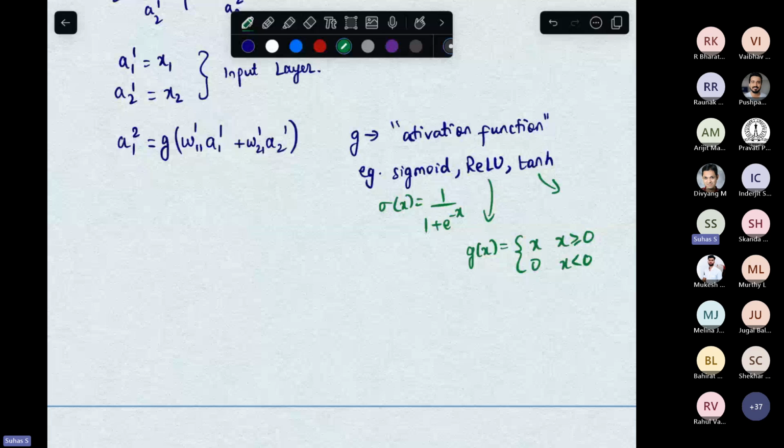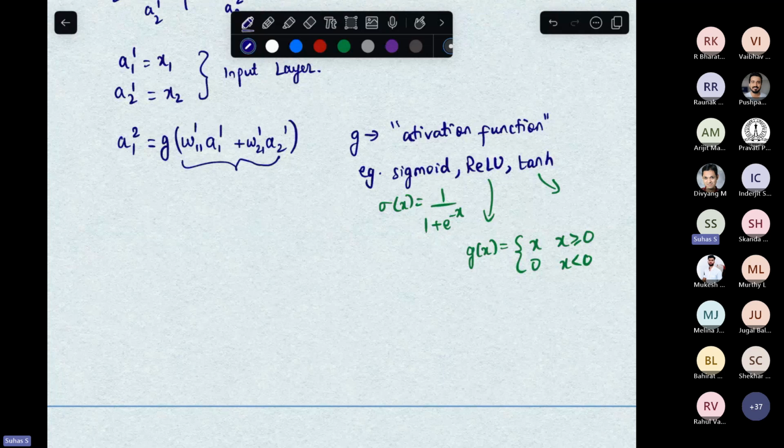Similarly, you have other activation functions like tanh, exponential linear unit, and many more. So many activation functions are used on the linear combination that you get from the previous layer. This is the activation function.